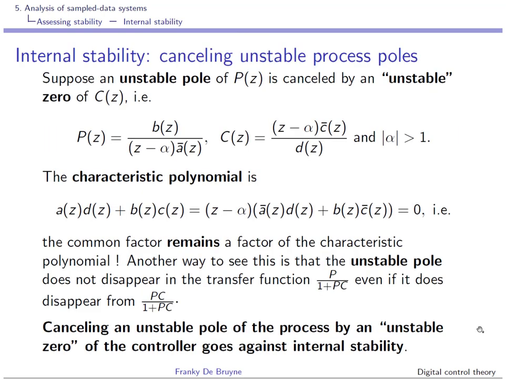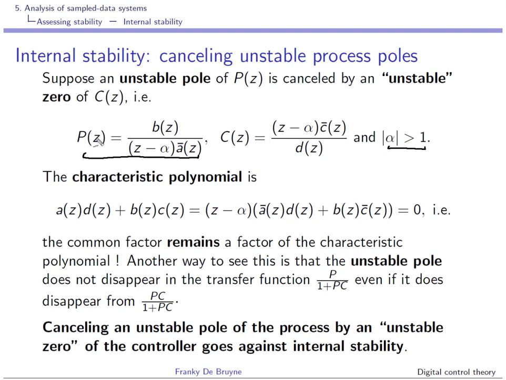We'll first start with the situation in which we cancel an unstable process pole. So here we have a process that is described by this transfer function, and here you have a pole that is outside the unit circle. So indeed we have here an unstable process P of z. And we will show that it is not a good idea to cancel this pole by a zero in the controller.